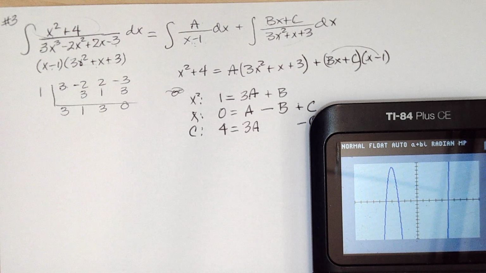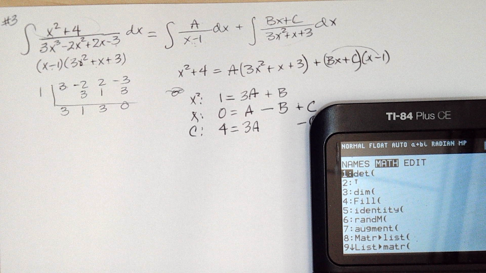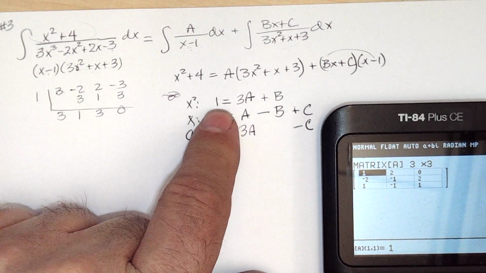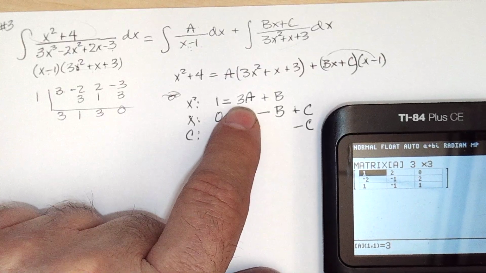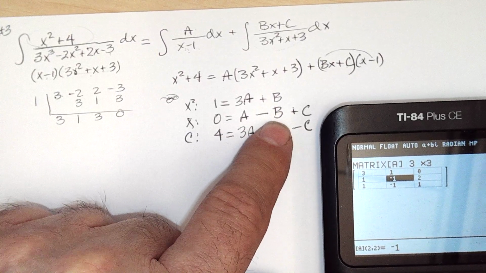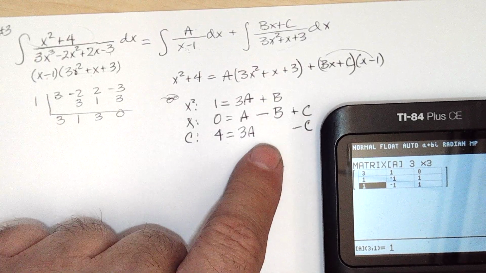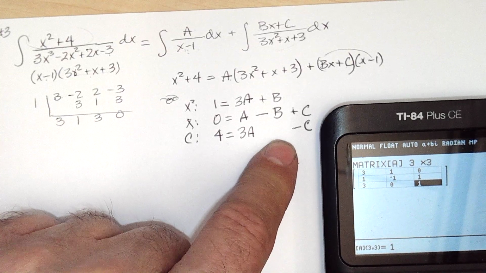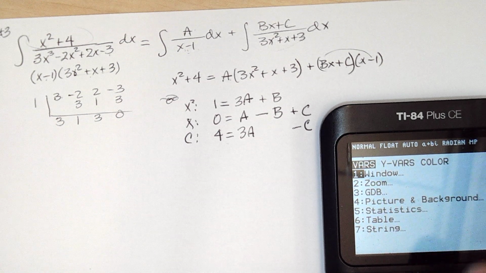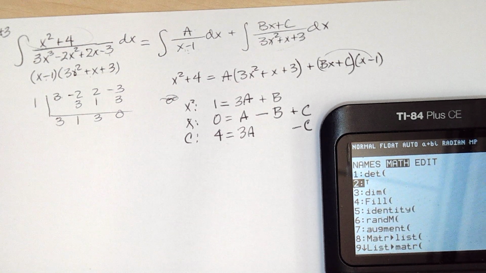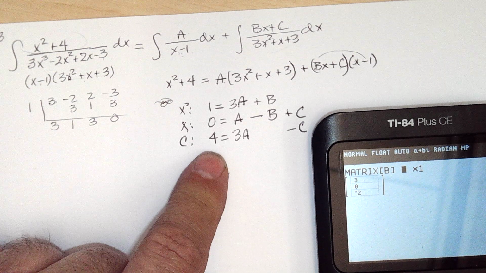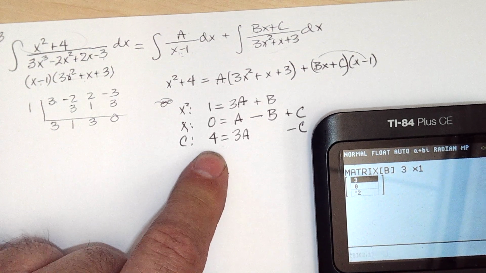Type in matrix, edit, 3 by 3, and let's see, I have a 3A, a 1B, and no C's, 1A minus 1B, and 1C, 3 A's, no B's, minus 1C, and then matrix B, edit, matrix B. That one's going to be 1, 0, 4.